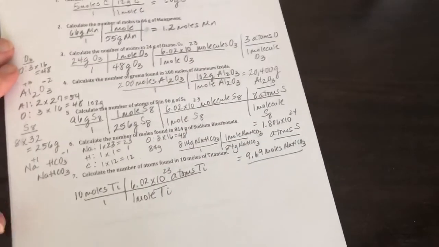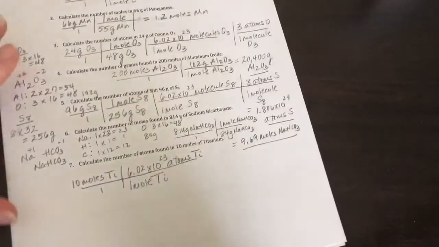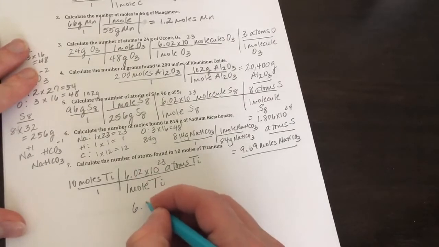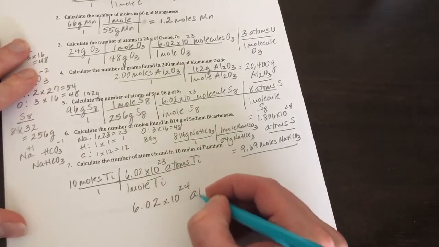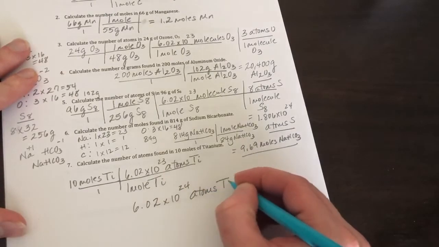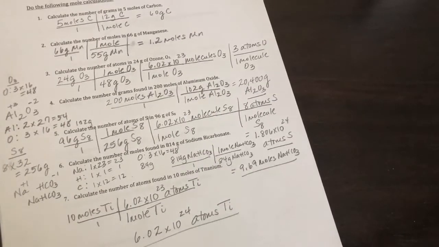Okay, so anytime I see atoms or molecules, I have to go through Avogadro's number. My units cancel. Put this in the calculator, you should get 6.02 times 10 to the 24th atoms Ti. So 10 times 6.02. Yep, that's it.